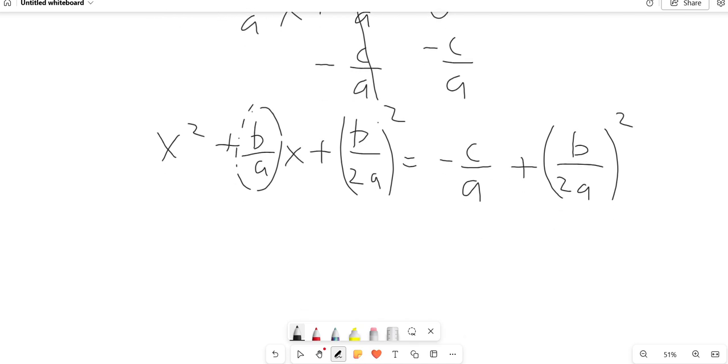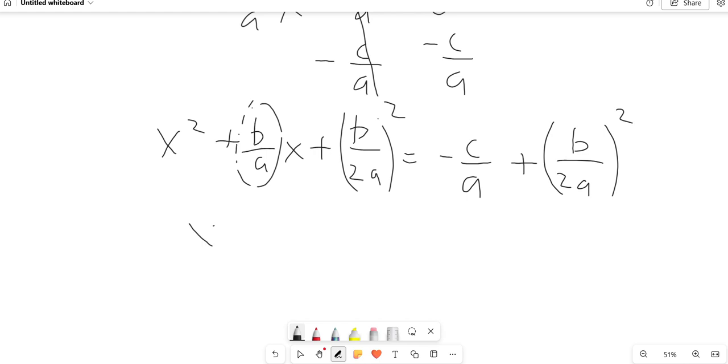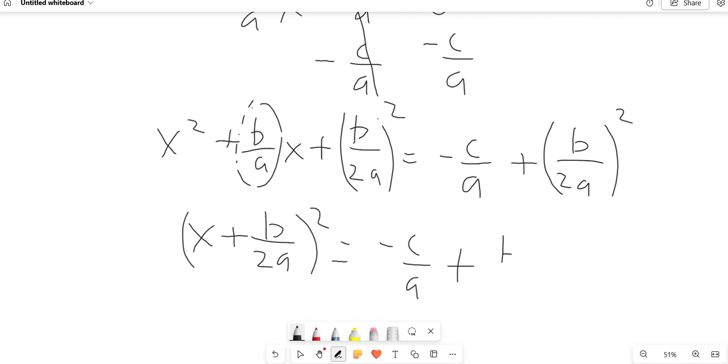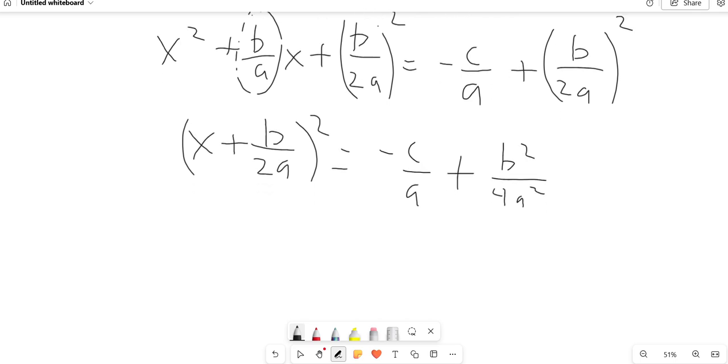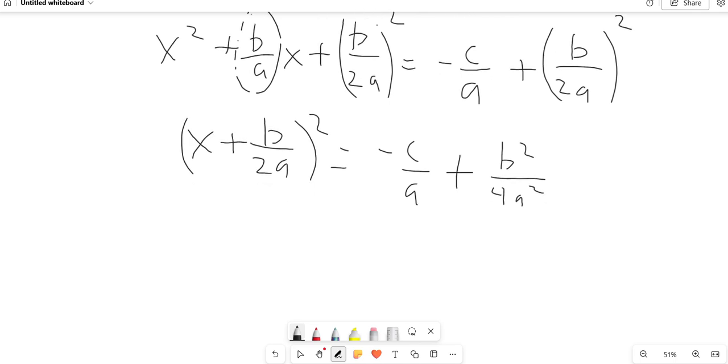I'll rewrite the left side as a perfect square. x plus b over 2a squared equals negative c over a plus b squared over 4a squared. To combine the fraction on the right, I need a common denominator.